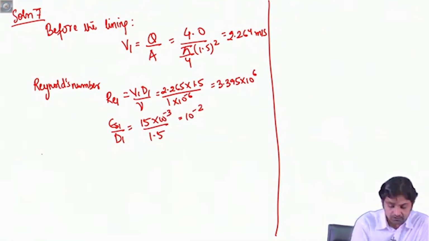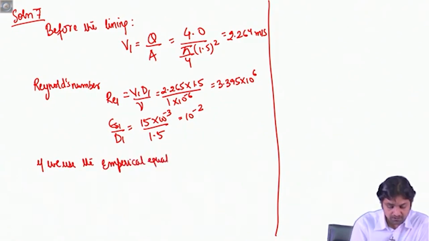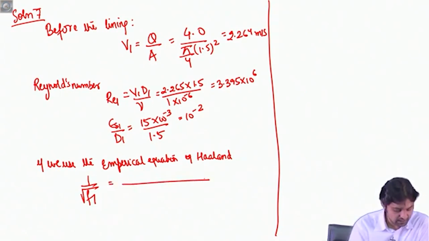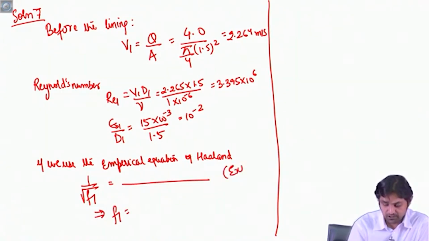All right. So, if we use the empirical equation of Haaland, then we can find under root 1 by F1 is equal to the things on the right hand side, and on calculating we can get it, because this is an explicit formula.